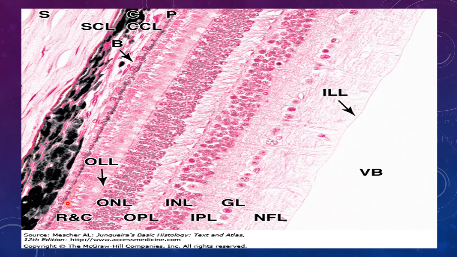Then is the rod and cone cell layer, the outer limiting membrane, then the outer nuclear layer, and the outer plexiform layer. You can see this whole outer plexiform layer where there will be the synapses. Inner nuclear layer having the bipolar neurons.